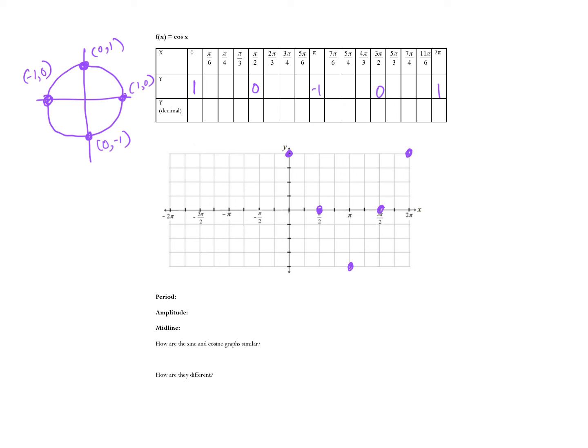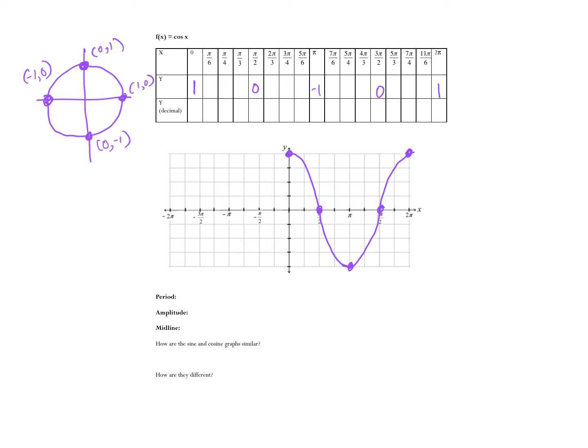Now, we're not going to write down all the in-betweens, but look at the numbers of the in-betweens. Do you see how they are the same numbers as when we did the y's? Because the x's and the y's on the unit circle are the same. So these still have that same curved wave, because it's the same square root 3 over 2's in between and square root 2's and 1/2's.